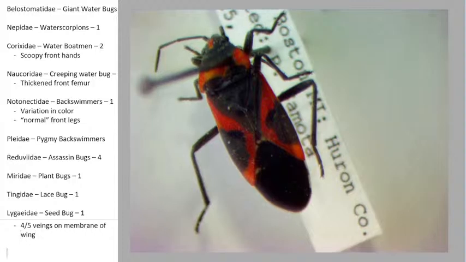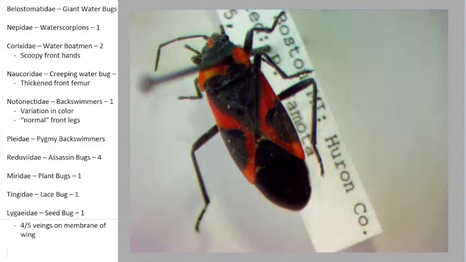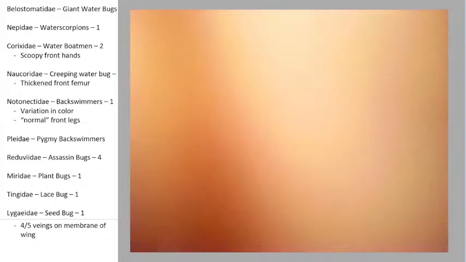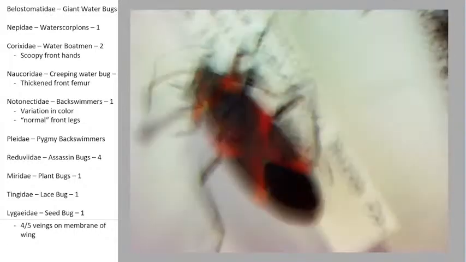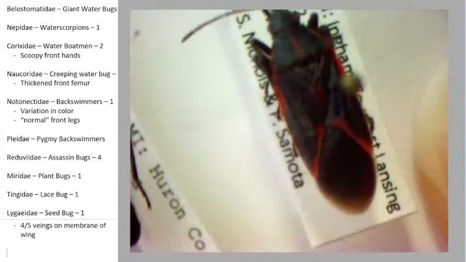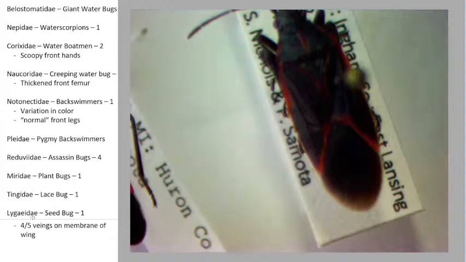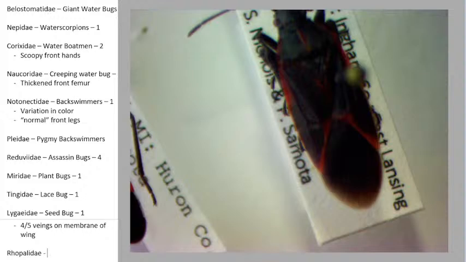Okay. Alright, so we've got those, the seed bugs. And I want to put the box elder bug right next to them so that we can compare them. Now, the box elder bug is going to be in a completely different family. This guy is going to be Rhopalidae.